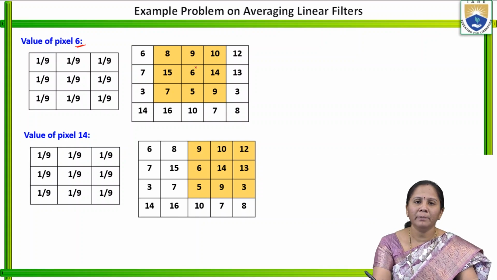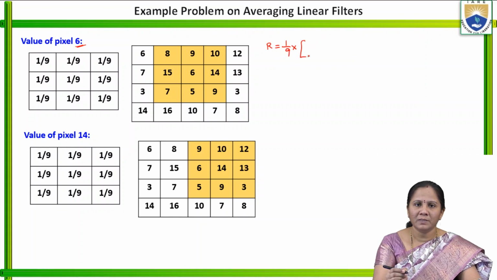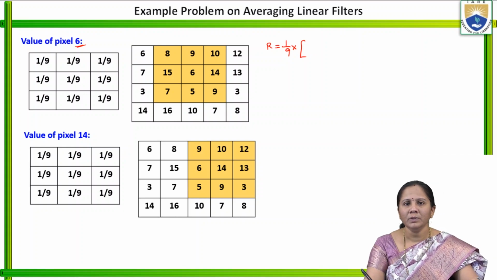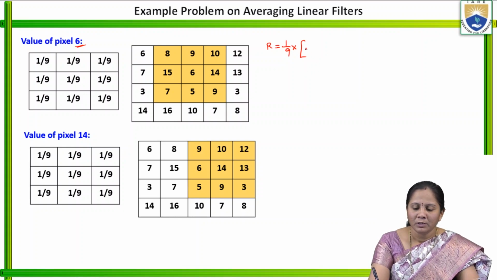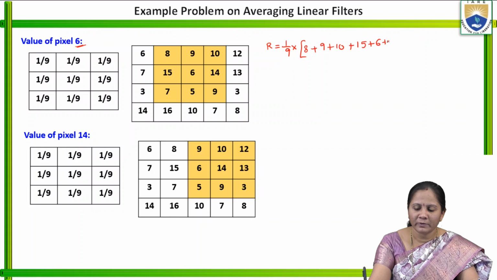Finding the new pixel value of 6, we can write this as 1 by 9 into, as we have seen, instead of writing Wi every time, we can write 1 by 9 common, multiplied with the values of all the neighborhood pixels, that is 8 plus 9 plus 10 plus 15 plus 6 plus 14 plus 7 plus 5 plus 9.